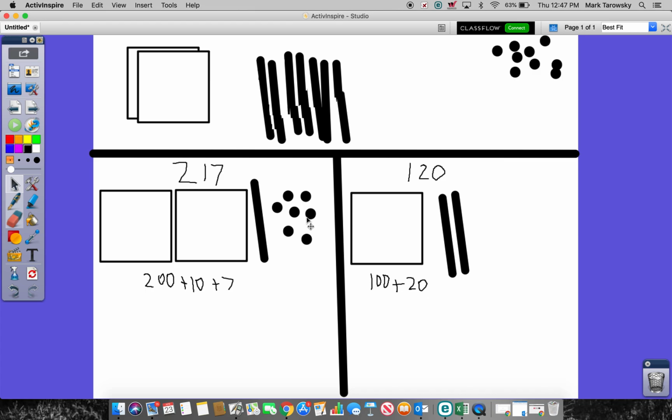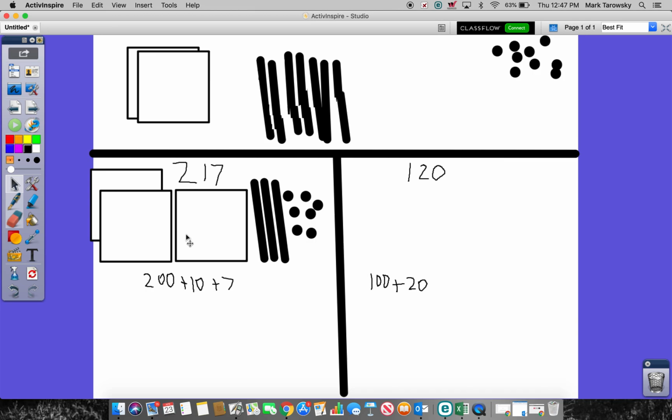So we're just going to keep our ones right where they are on this side, because 0 ones plus the 7 ones we have is still going to be 7. Now over here we have 2 groups of 10. We're going to add it to that single group of 10. So now we have 3 groups of 10.